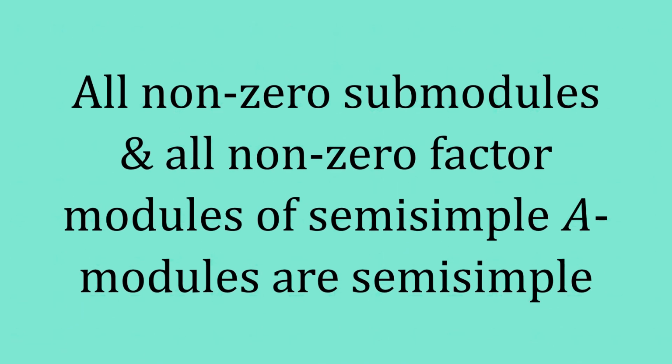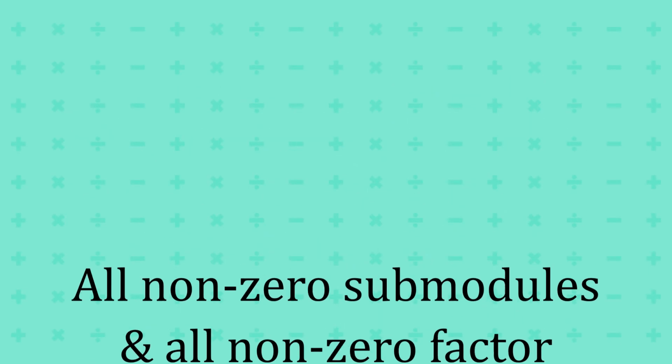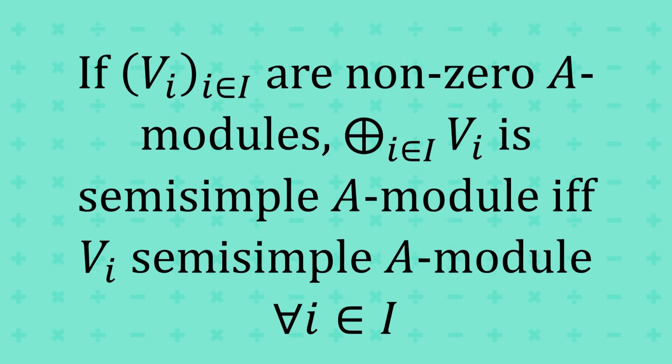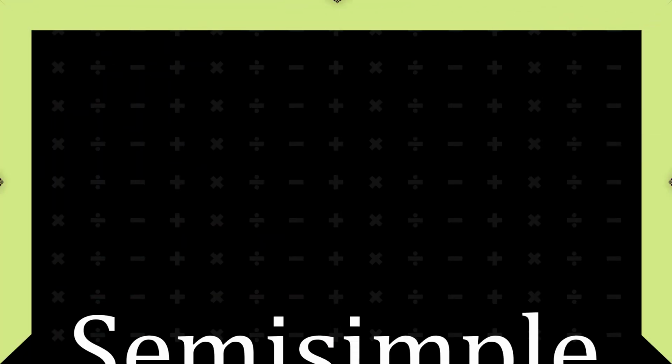Third, all non-zero submodules and all non-zero factor modules of semi-simple A modules are semi-simple. Fourth, if Vi are a family of non-zero A modules, then the direct sum of the Vi is a semi-simple A module if and only if all Vi are semi-simple A modules for i in I.